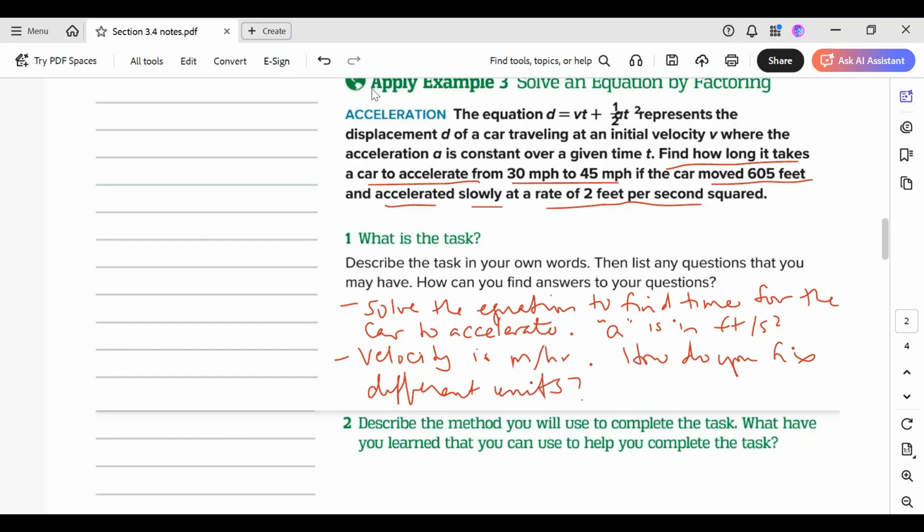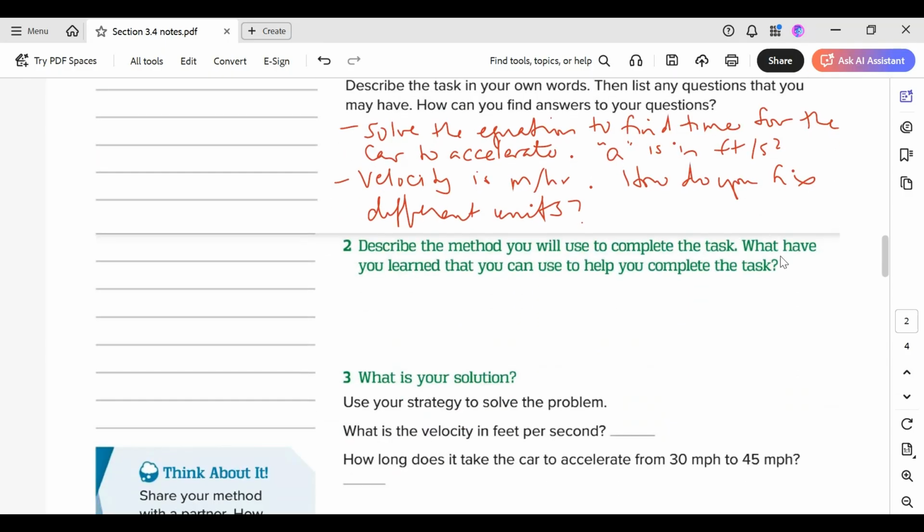Instead, part 2, it says, describe the method you will use to complete the task. What have you learned that you can use to help you complete the task? So what we've learned is you need to convert velocity to feet per second.